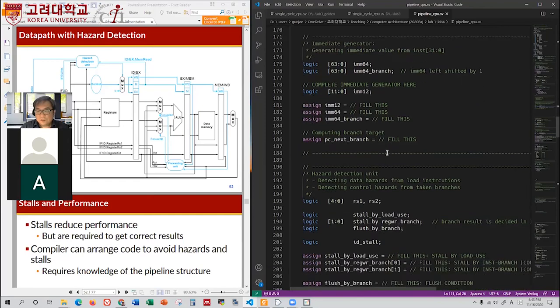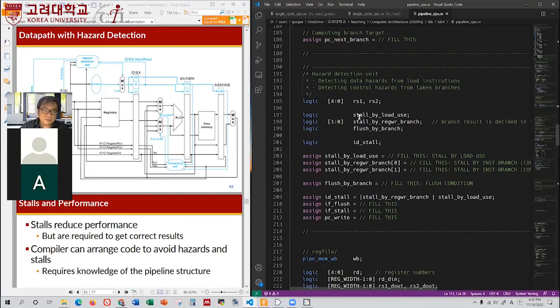Okay, here, and then most important thing is the hazard detection unit. So it's very critical in the pipeline design. So you need to complete this hazard detection unit. I already provide the skeleton code for this hazard detection unit.